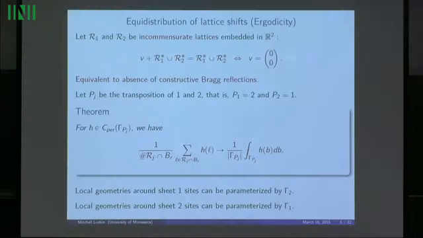So h is periodic with respect to the structure of lattice 2. But now I want to sum h at the lattice points of lattice 1. So I sum a function on the lattice points of layer 1, but the function itself is periodic with respect to the other lattice.